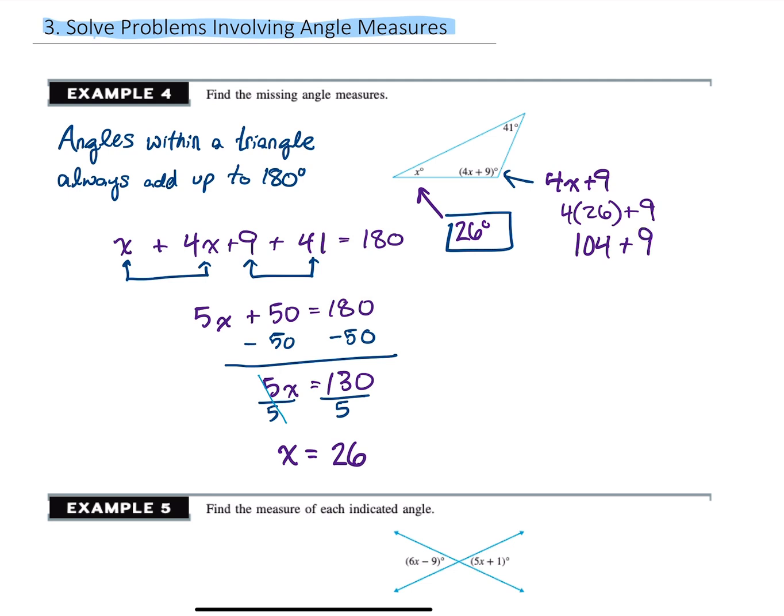So 104 plus 9. So that will be 113 degrees. So in this type of problem, just take advantage of this fact that all angles within a triangle should add up to 180 degrees.